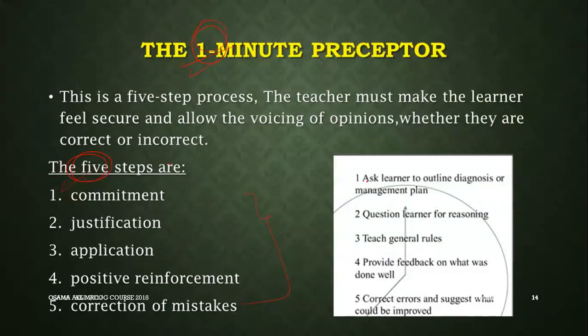Number 1, the teacher asks the learner to outline the diagnosis or management plan of a certain topic, and the learner also will justify. For example, the teacher is asking the student, please outline the management of postpartum hemorrhage. The learner will say, number 1, I will do resuscitation measures. I will introduce a wide bore cannula, and I will introduce a urinary catheter.